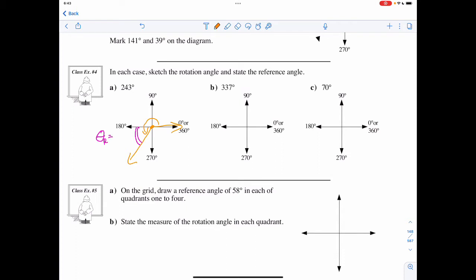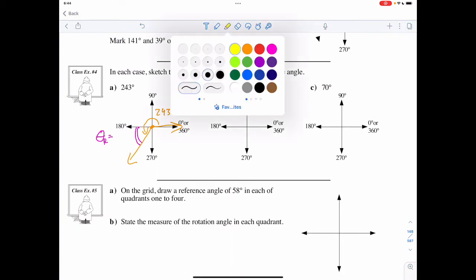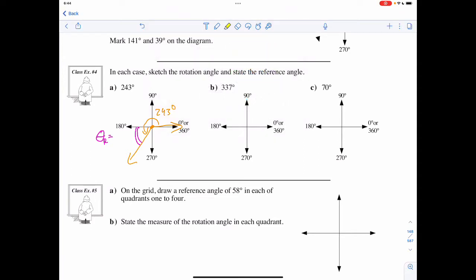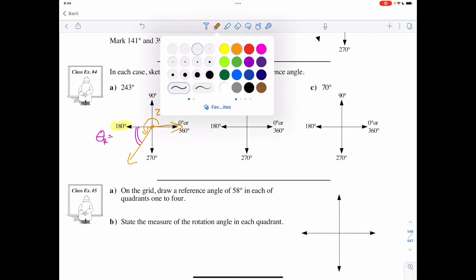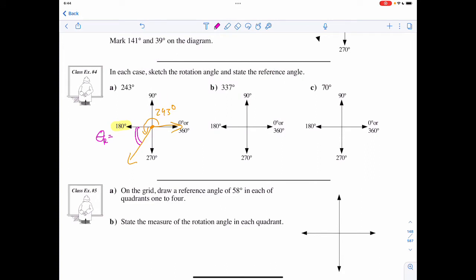And I'm looking for the distance between that 243 degrees and the nearest x-axis, which would be at 180 degrees. And the distance between 180 and 243 is going to be 63 degrees.